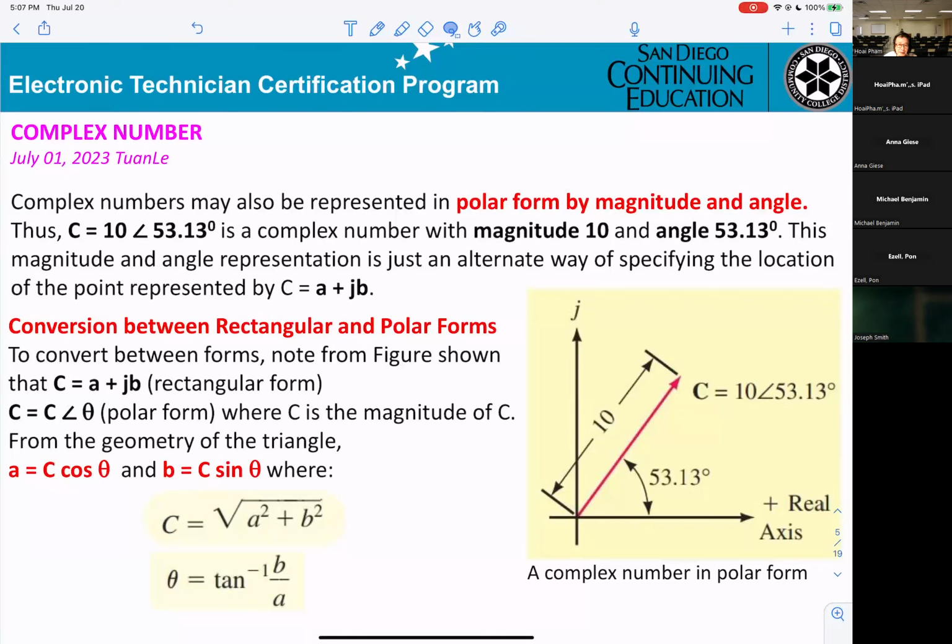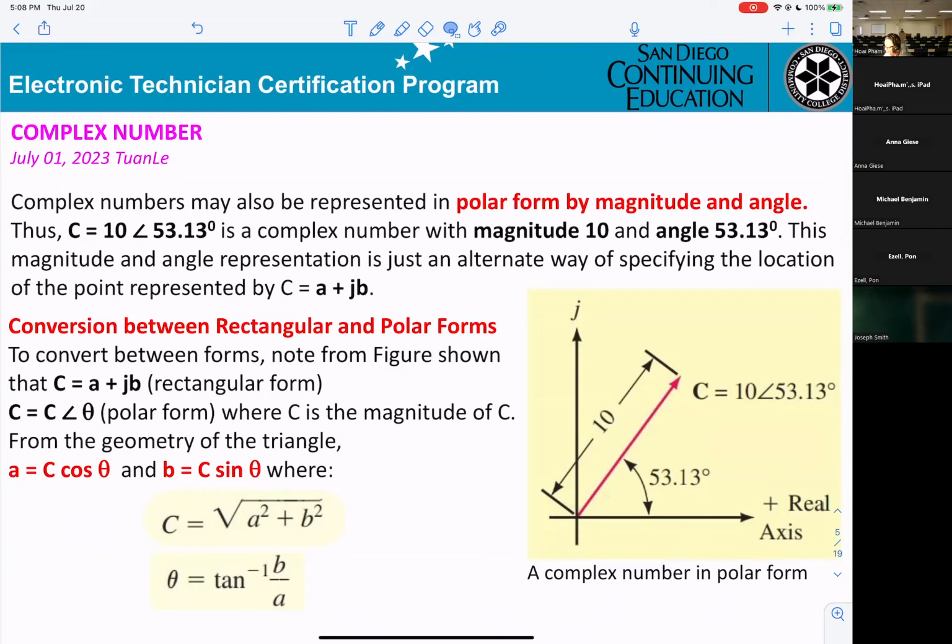Now, a complex number may also be represented in polar form by magnitude and angle. For example, you can see C equals 10 angle 53.13 degrees.